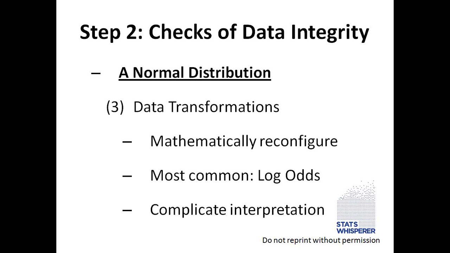I don't do too many data transformations, but you should know about them. And like I said, you could also do the data transformation and then test the variable to see if there are any significant differences in using the transformed and untransformed variable. I'll say that a few times because it's a very important point that not a lot of people know about. The most common data transformation is the log odds, and that's what we're going to do right now.